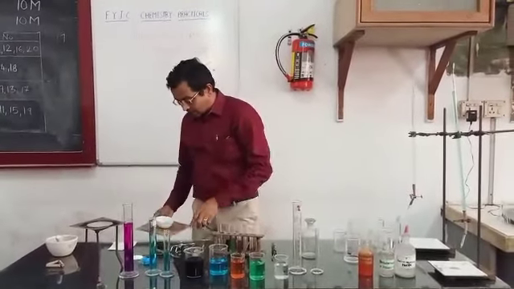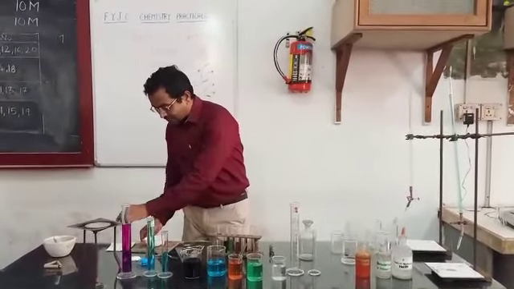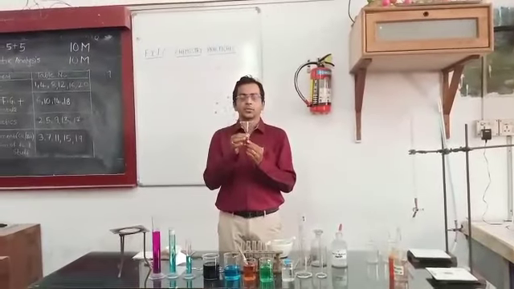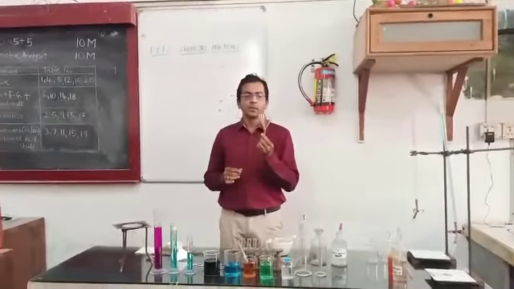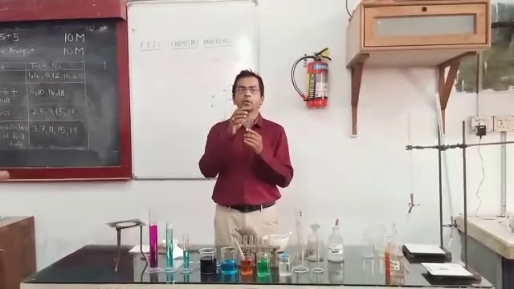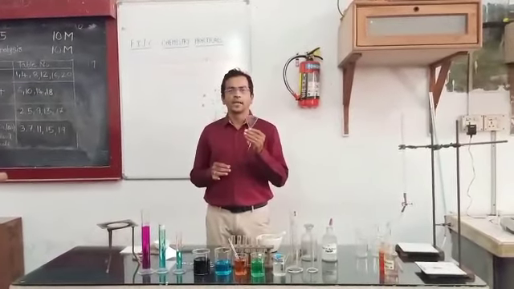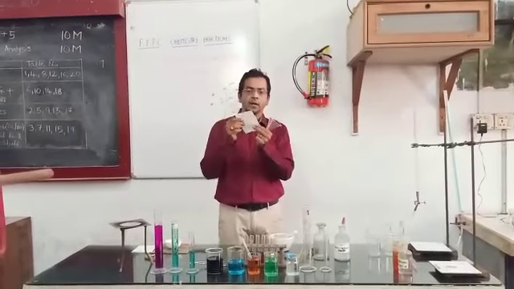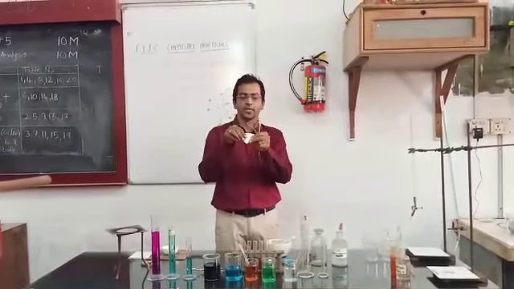Then next I have this funnel, which we use in a chemistry lab for pouring solution or for filtration purposes. Let's take this filter paper. I'll make a cone of this filter paper.